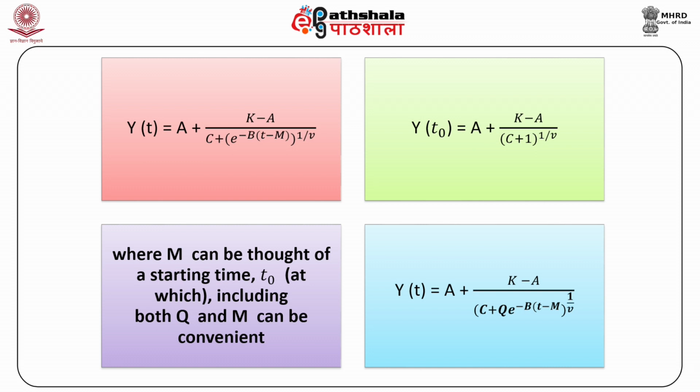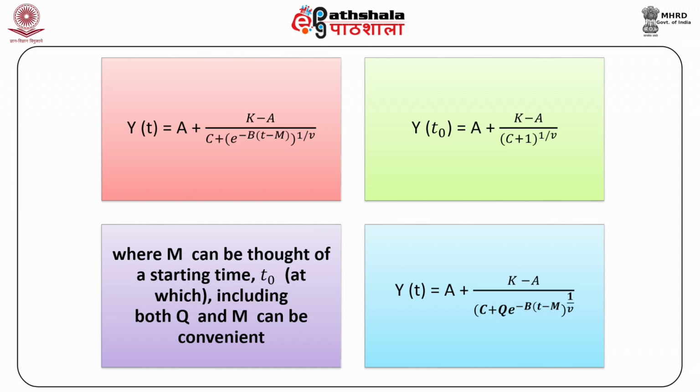The same can be expressed as y(t0) = a + (k - a) / (c + 1)^(1/ν), where m can be thought of as the starting time t0.